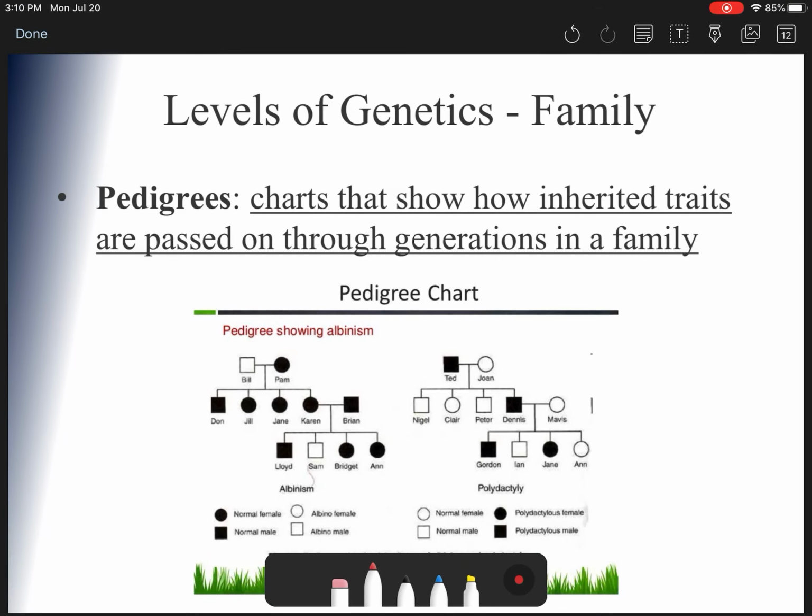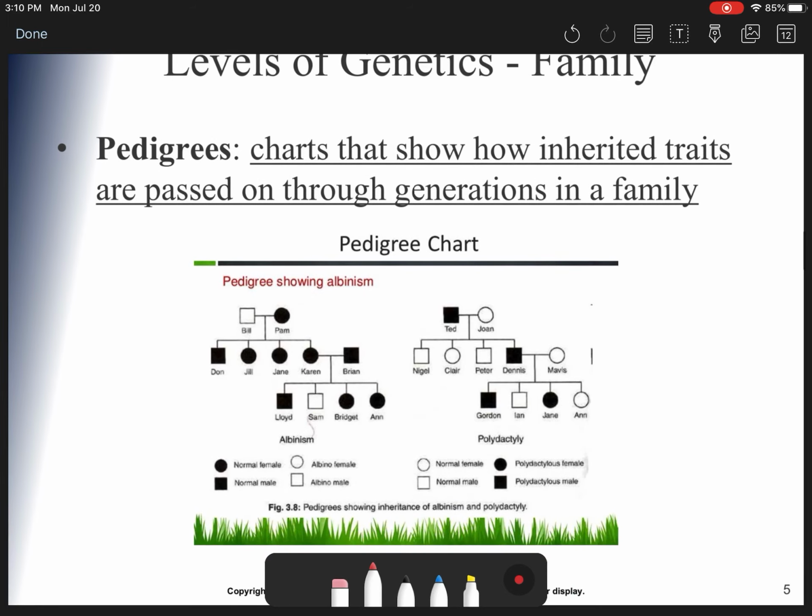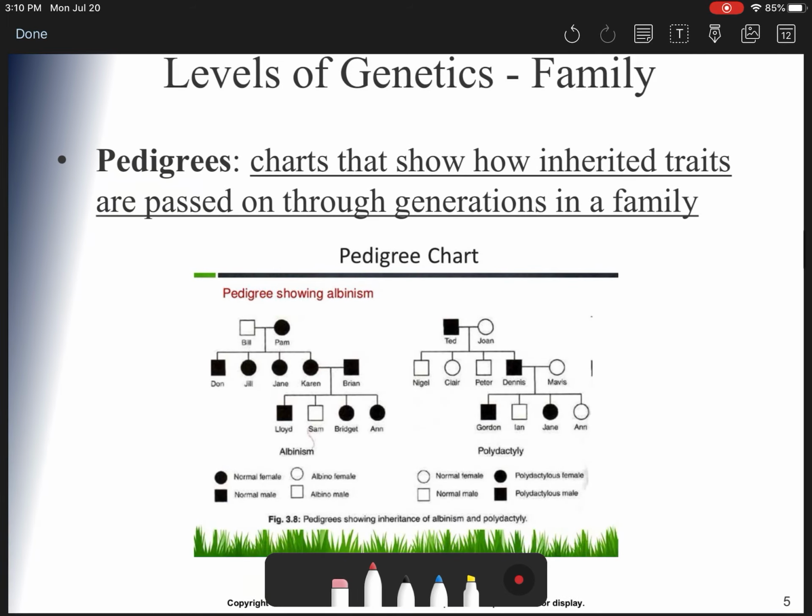From there, we move on to family. One thing we can do is look at what's called a pedigree chart, and pedigrees show how traits are inherited or passed on through generations in a family. So here it's showing you one generation, the second generation, and the third generation, showing that trait being passed on.